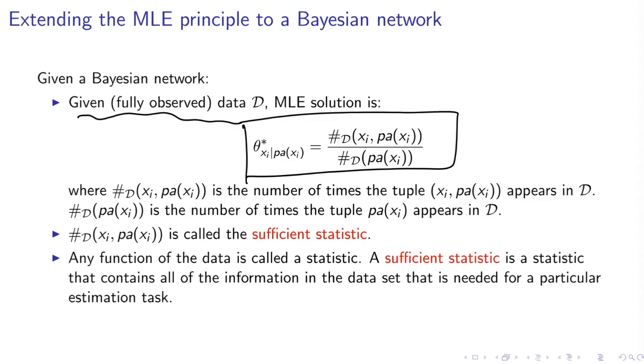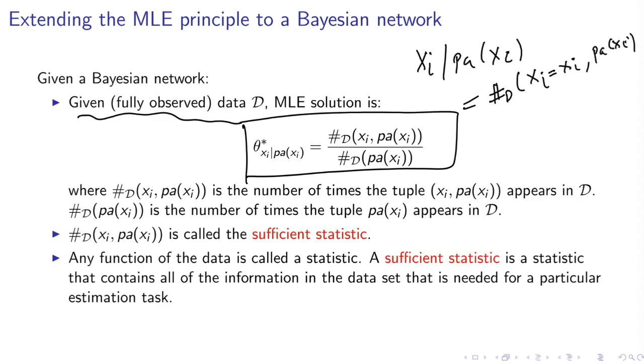The closed form solution is saying that the MLE solution for the parameter of xi given parents of xi is equal to the number of data points that have the value xi equals small xi, comma parents of xi equals small parents of xi.